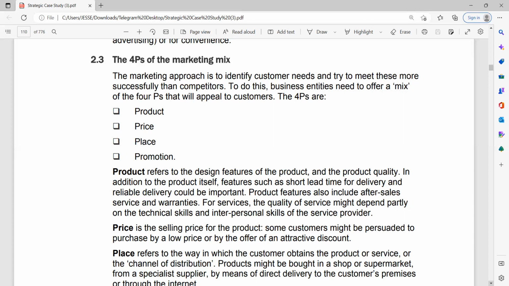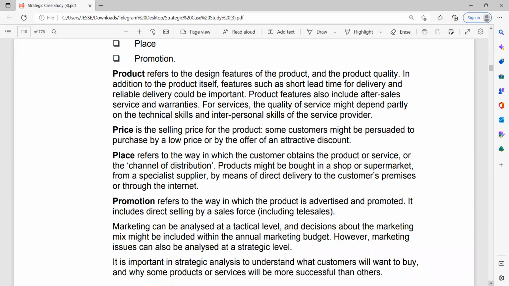The second P is price. Price is the selling price of the product. So how much are you charging for the product? Then you have place. Place refers to the way in which the customer obtains the product or service. Place is simply the channel of distribution, the delivery mechanism that's being used.